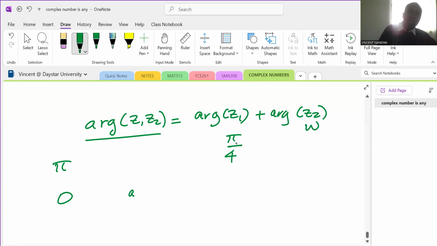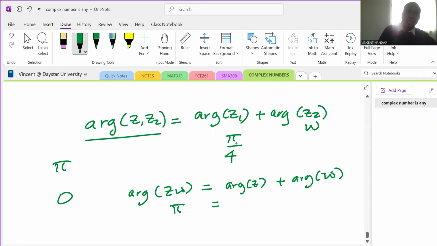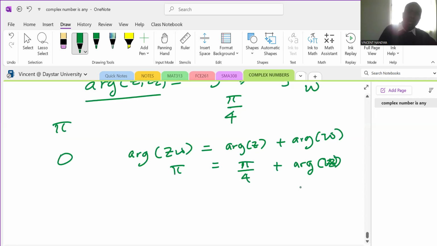So argument of ZW is the same as argument of Z plus argument of W. So if it is pi, we'll have pi, and this doesn't change, it's pi over 4. Then say this is the unknown, argument of W. So now you can easily find argument of W will be pi minus pi over 4, which is giving us 3 pi over 4.